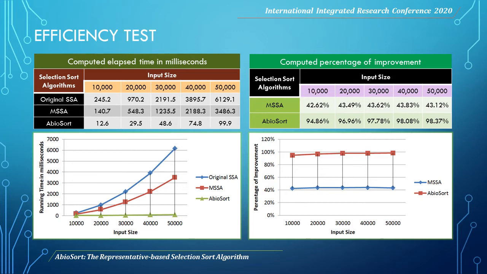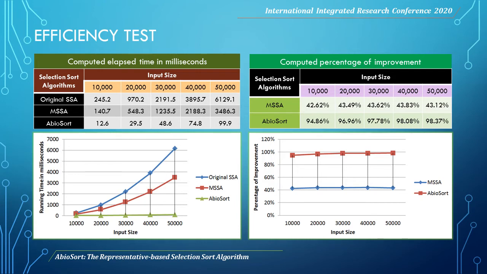Just by looking at the results in the presented tables, it is noticeable that AbioSort, the proposed algorithm, is far more efficient than the original selection sort, even with its latest improvement, MSSA. The algorithm has improved the running time performance of the original design by almost 99%.